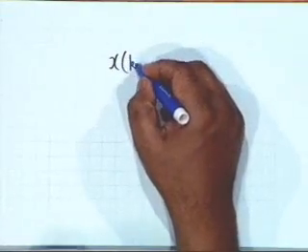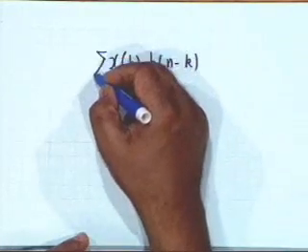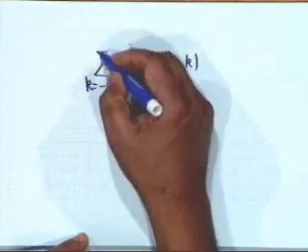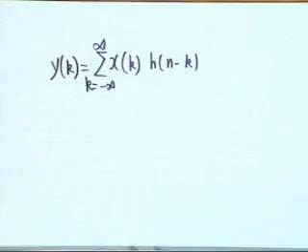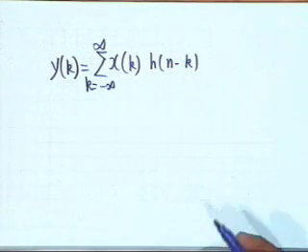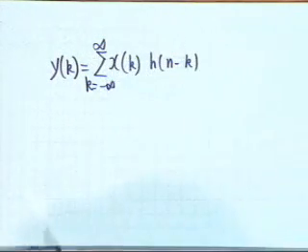Convolution is x of k, h of n minus k, summation k equals minus infinity to plus infinity. This is y of n. I'll continue to write this as many times as I can so that you don't have to hesitate as to what convolution summation is. Now, let's see physically what is happening.